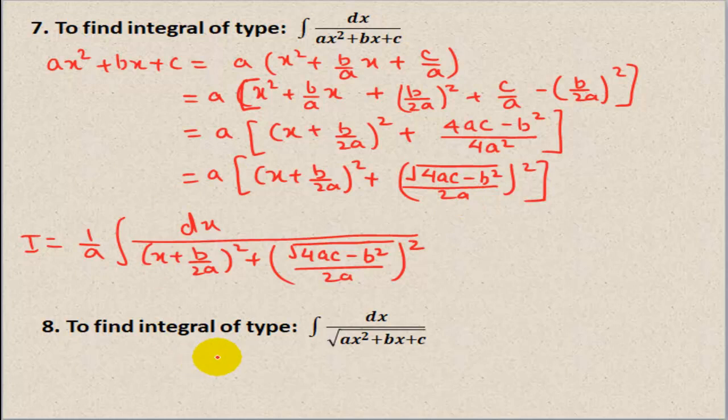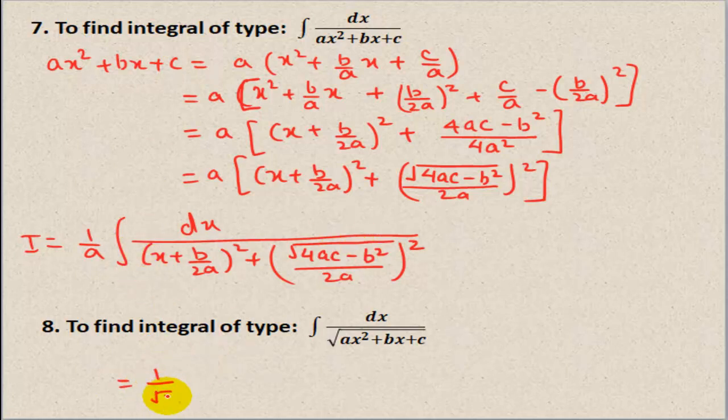Now coming to the next one, in case this polynomial is under the square root. Again we are going to proceed with the same method. We will convert ax² + bx + c into this. So to what form will it reduce? If I convert the polynomial into two perfect squares, everything will now be under the square root.